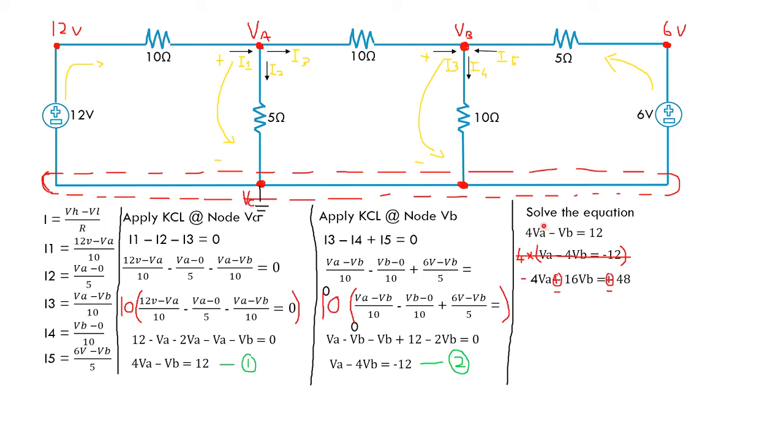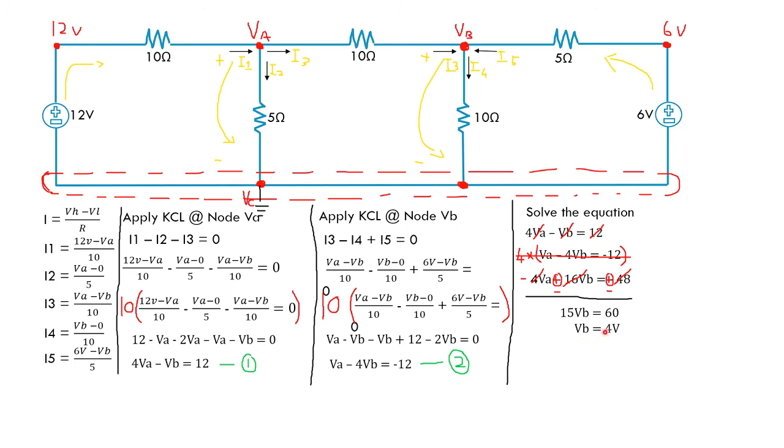The answer is 4 minus 4 is 0. And then VB plus 16 VB, which is 15 VB. And 12 plus 48 is 60. So VB equal to 4 volt.